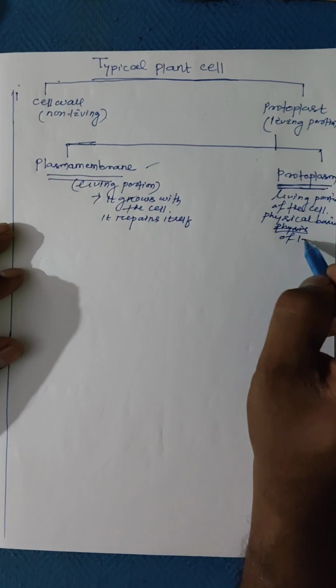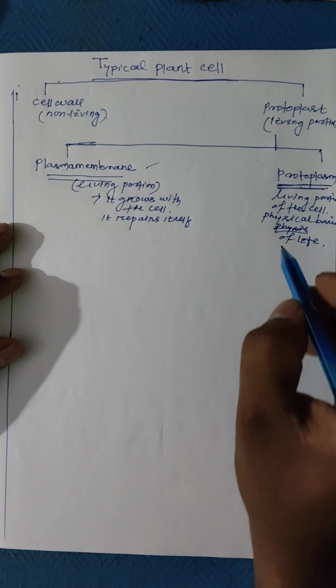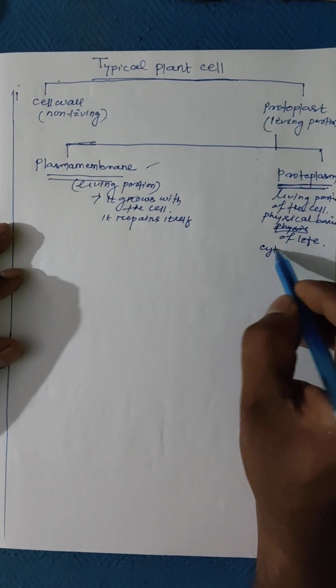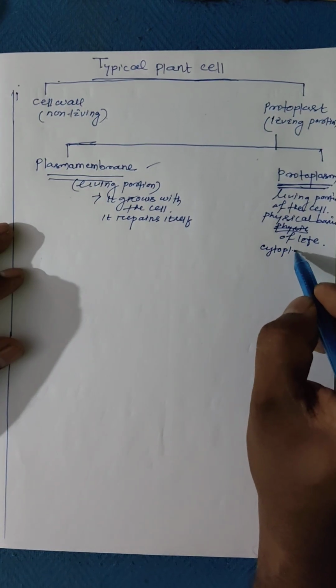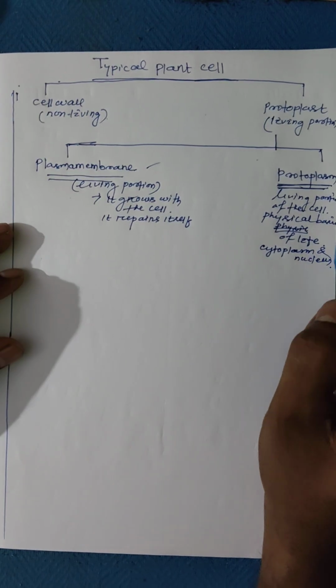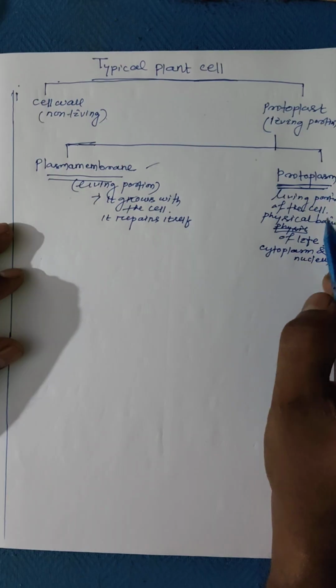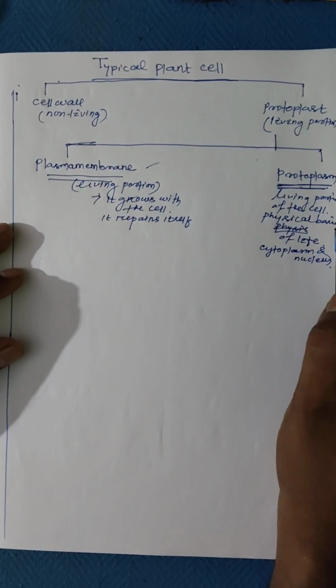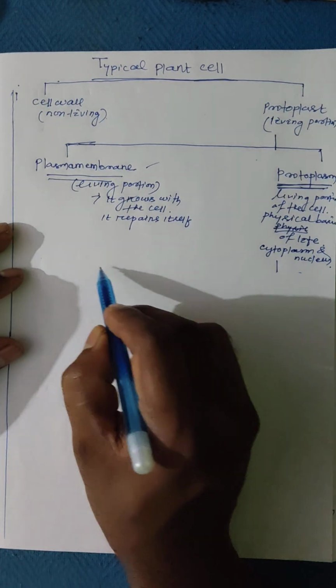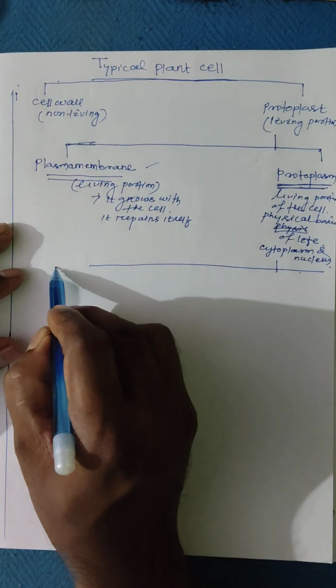It includes the cytoplasm and nucleus. We know the term protoplasm was coined by J. Purkinje, the physical basis of life, and this protoplasm includes cytoplasm and nucleus.